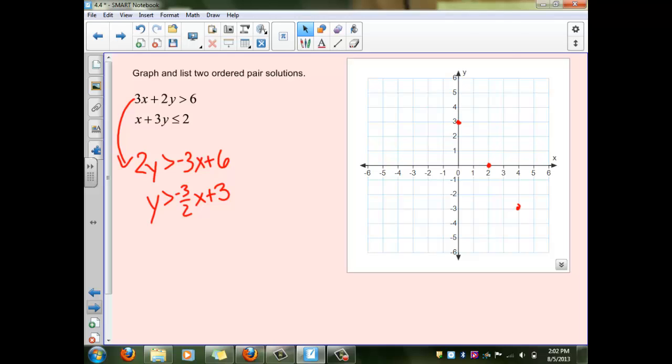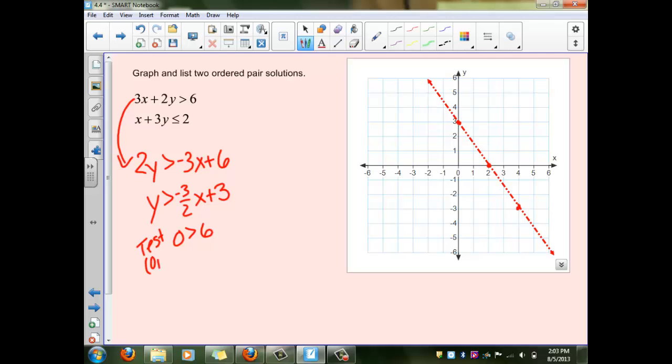It's a dashed line. And notice on this one, if we picked 0, 0, we would have 0 greater than 6, which is false. So we actually would shade this side.